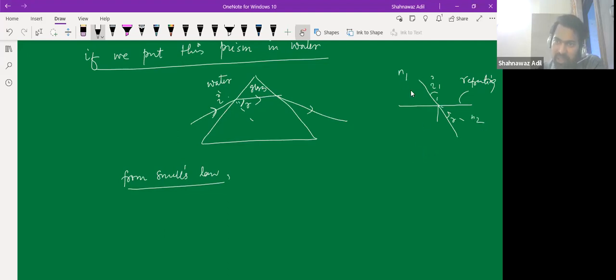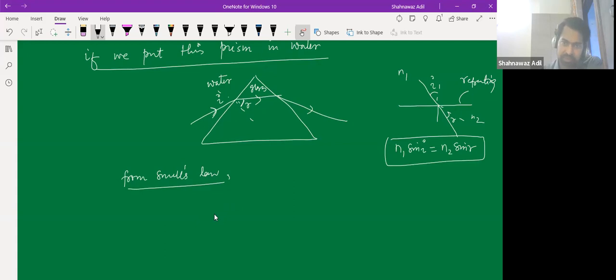So Snell's law is N1 sine i equals N2 sine r. What would be Snell's law at this surface? These things are very trivial. We have to always remember these things.